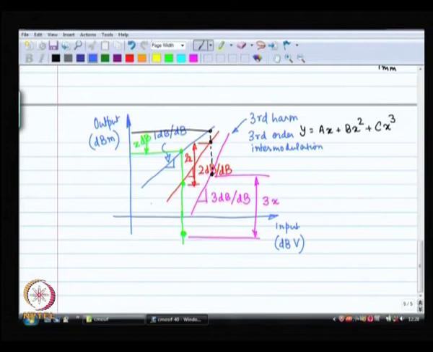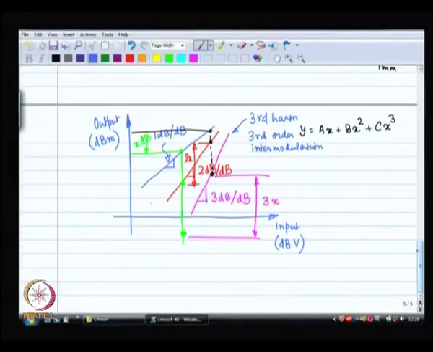Second order intermodulation, which is not that important, f1 minus f2, f2 minus f1, it is the same thing. Second order intermodulation is going to follow the red curve, 2 dB per dB. Third order intermodulation is going to follow the pink curve, 3 dB per dB. So, that is really something that is of concern, the third order intermodulation product.